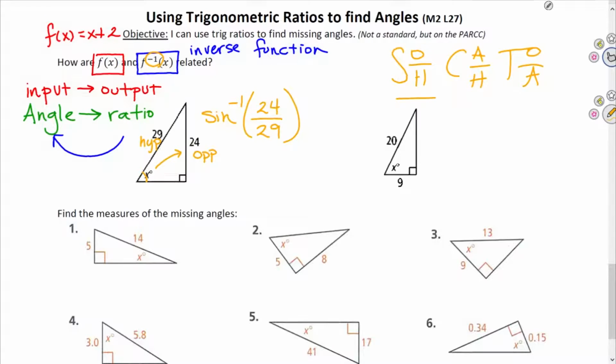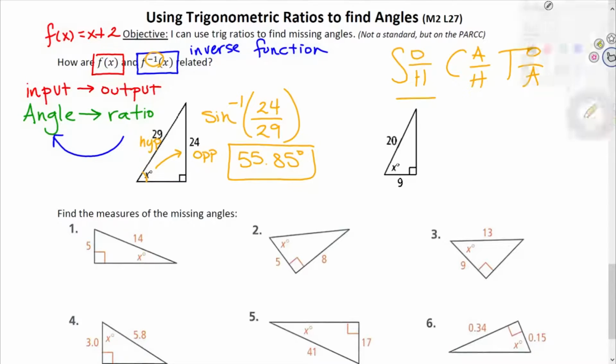So, second sine of 24 divided by 29, enter, and I get the angle of 55.85 degrees. That's the angle that has a sine ratio of 24 over 29. On your phone, you would do 24 divided by 29, hit enter to get that ratio, then hit second, and you'll see the sine negative first button. You hit that button and it'll give you the angle.